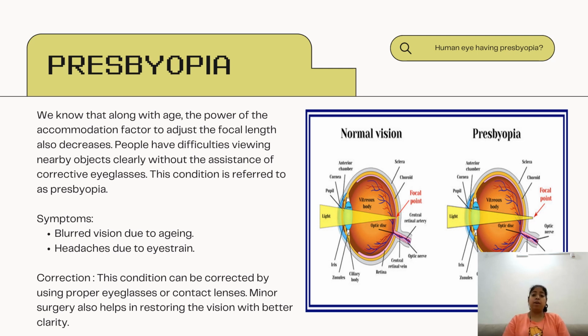Symptoms of presbyopia are blurred vision due to aging and headaches due to eye strain. Correction for presbyopia can be done using proper eyeglasses or contact lenses. Minor surgeries also help in restoring vision with better clarity. Advancement in technology has made it easier to correct the refractive defects with contact lenses or through surgical interventions.